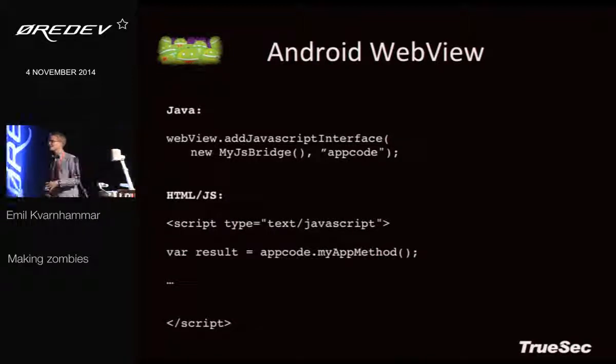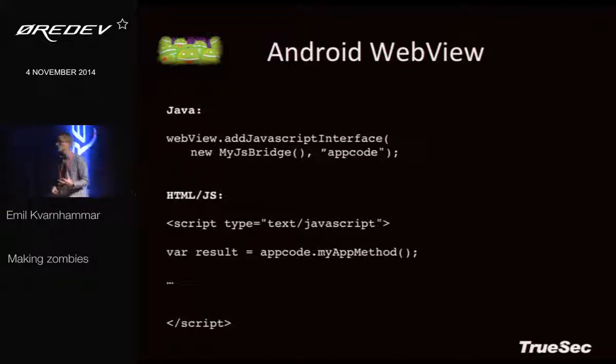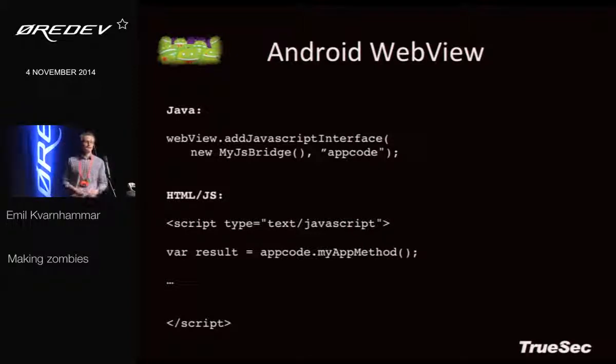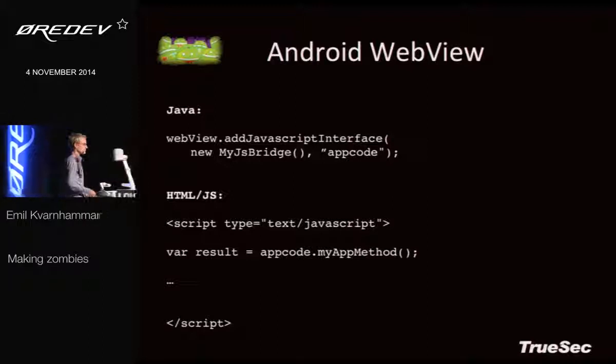And you can later on, in your JavaScript code, use that name to refer to the Java object. I think you get the point. Sorry for messing that up. So if that Java class has a method called myAppMethod, then we can call myAppMethod from JavaScript.